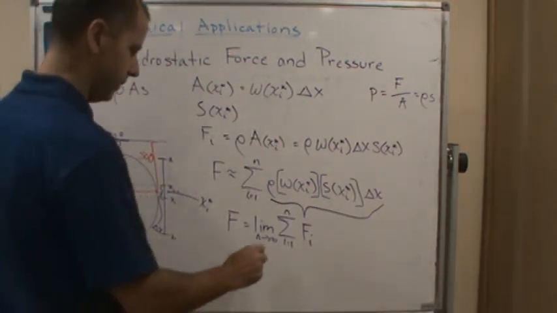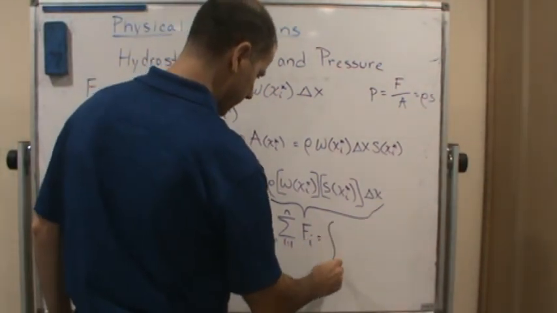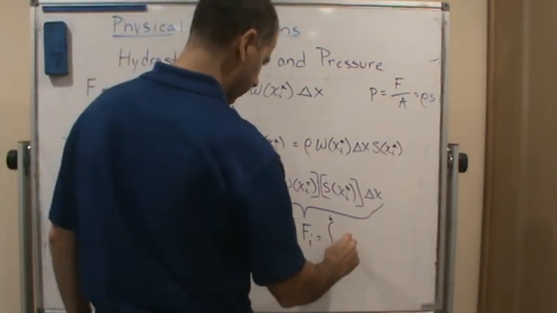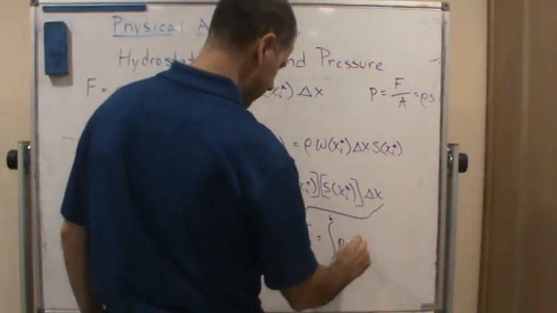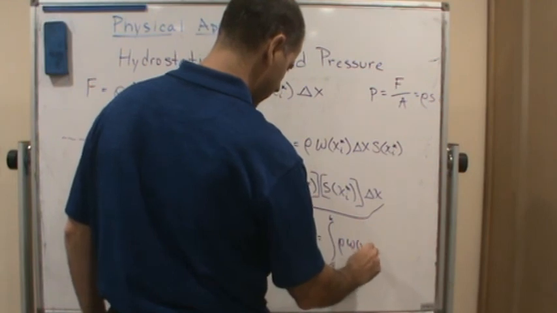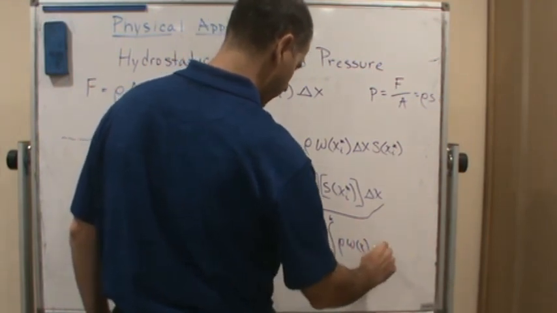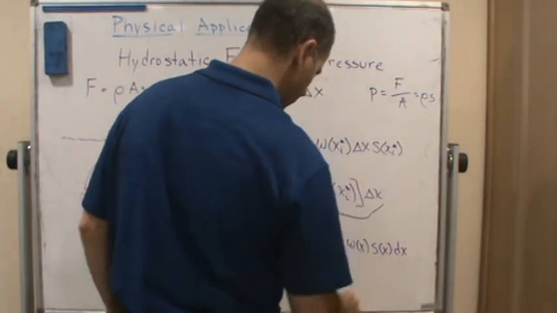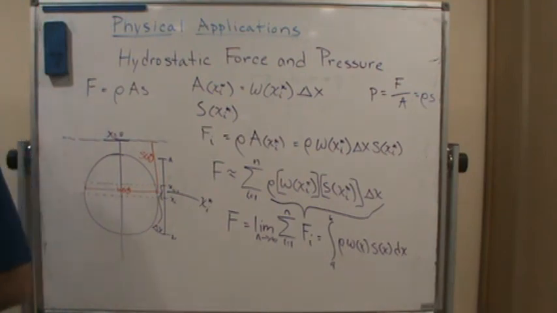And so this becomes an integral from a to b of rho times w of x times s of x dx. Evaluating this integral gives the force on the plate.